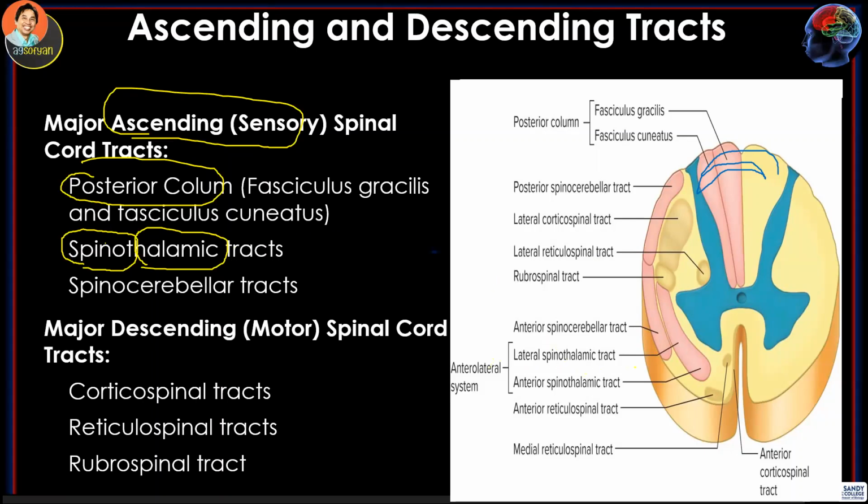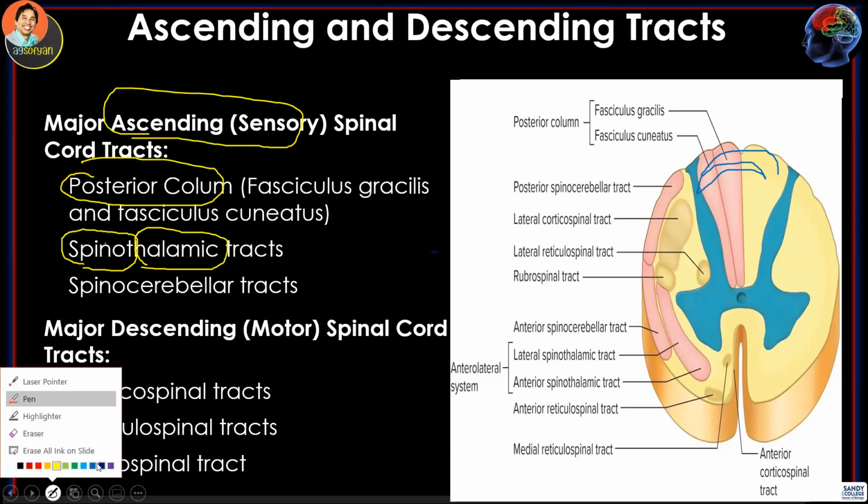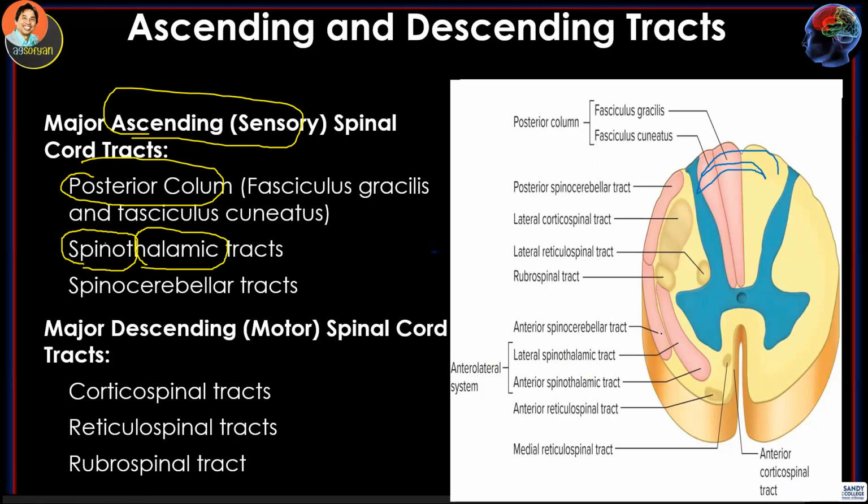It's going to be this one over here. So this area over here is the white matter for the ascending tract. It's called the spinothalamic tract.